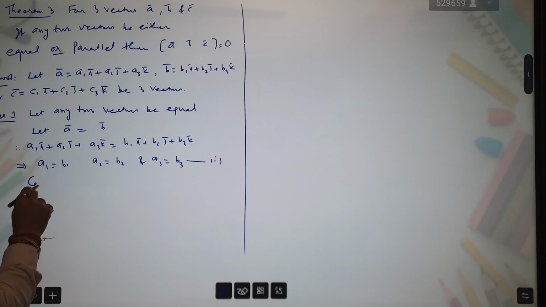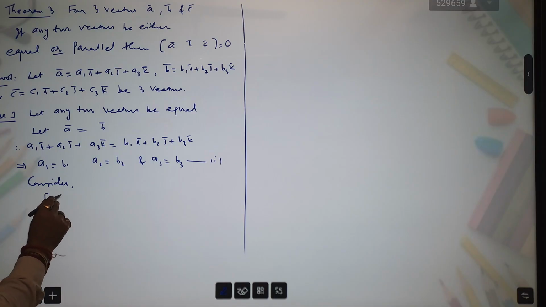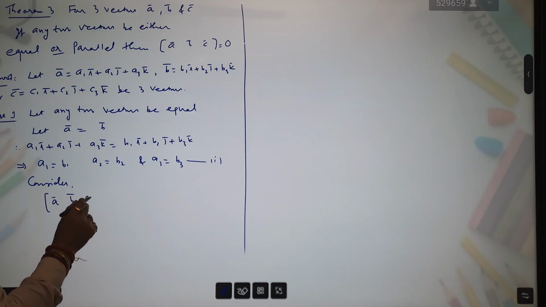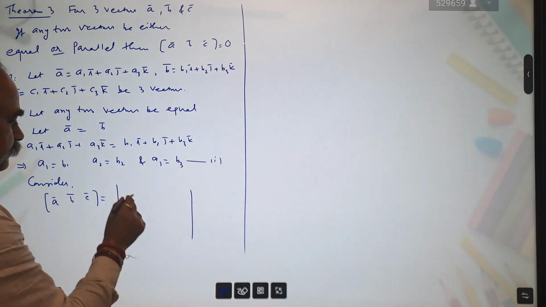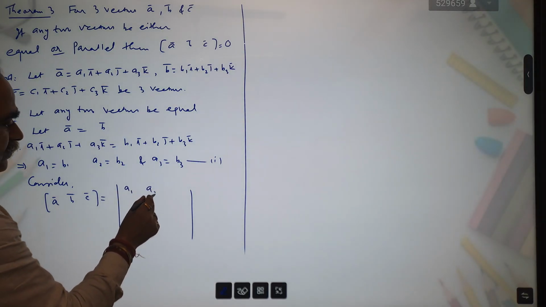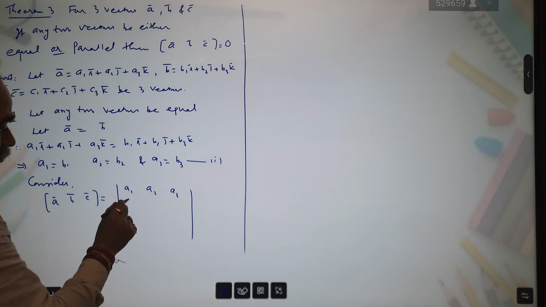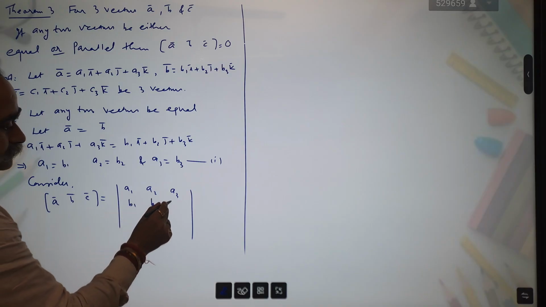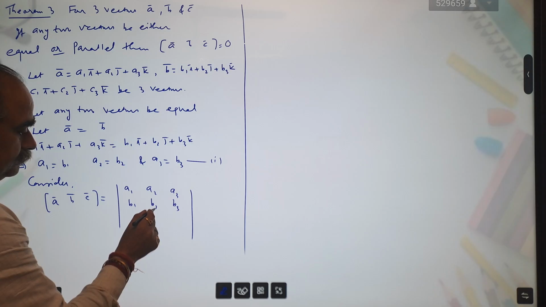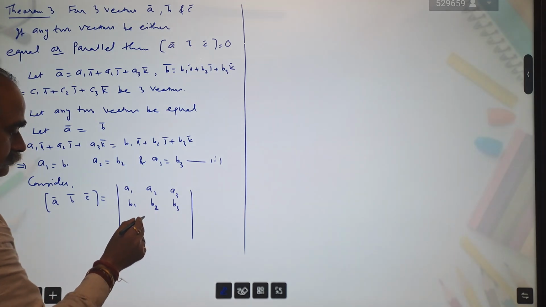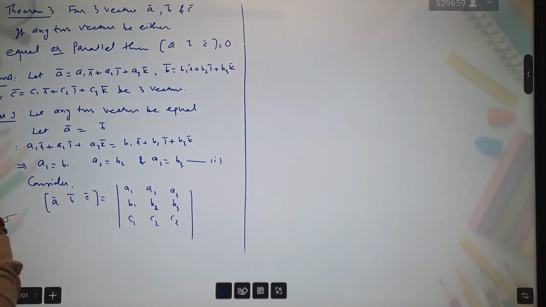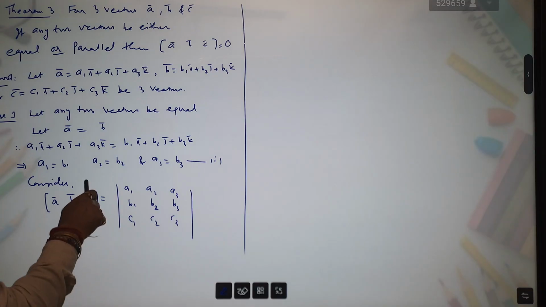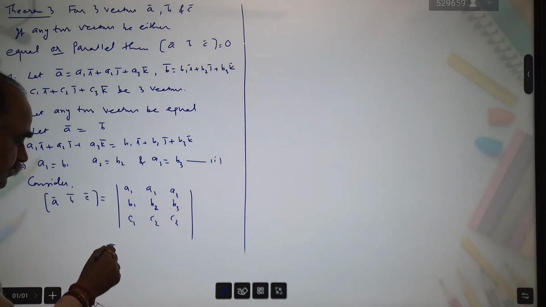Consider box A bar, B bar, C bar. Determinant A1, A2, A3, B1, B2, B3, C1, C2, C3. But A1, A2, A3 is equal to what?